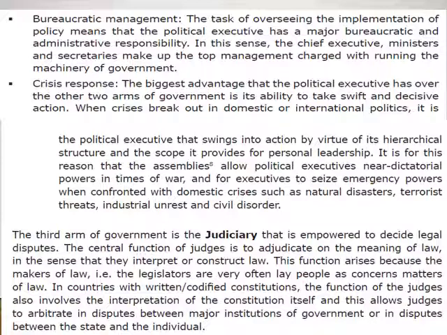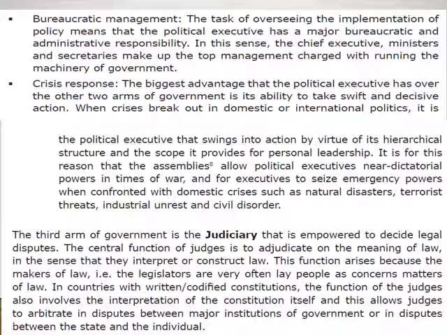It is for this reason that the assemblies allow political executives war declaration powers in times of war, and for executives to seize emergency powers when confronting domestic crises such as, for example, natural disasters, terrorist threats, industrial unrest, civil disorder, etc.